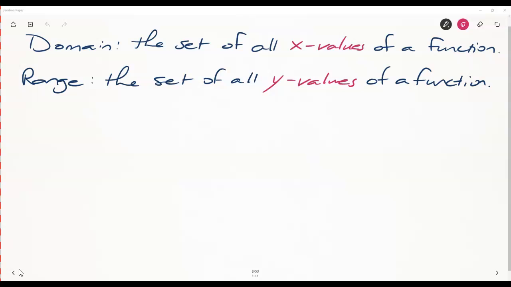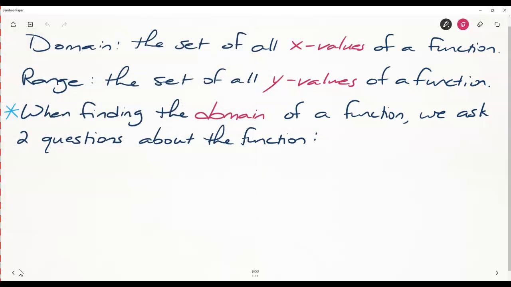So we're going to start with finding the domain. And the only time that, for now, I'm going to ask you what the range of a function is going to be where I give you the graph and I ask you to find the range.